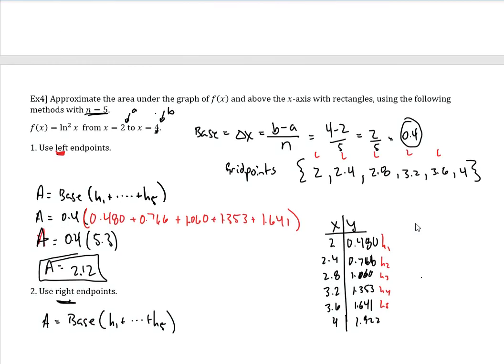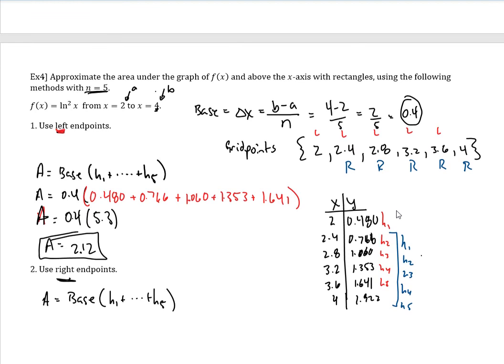So start at your rightmost grid point and get 5 of them. So these here are height 1, height 2, height 3, height 4, and height 5.